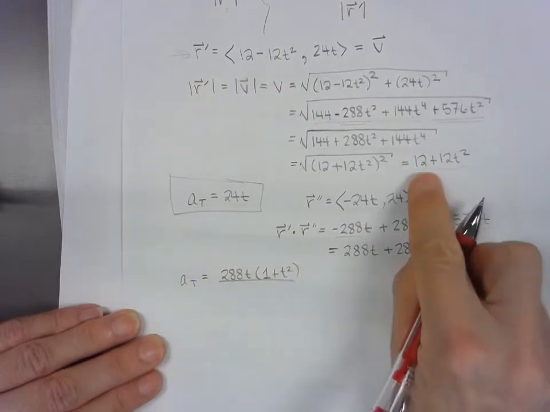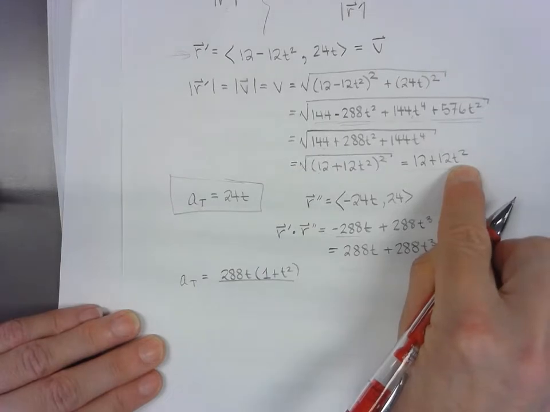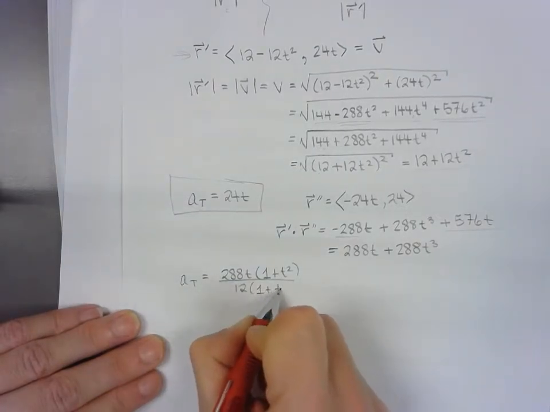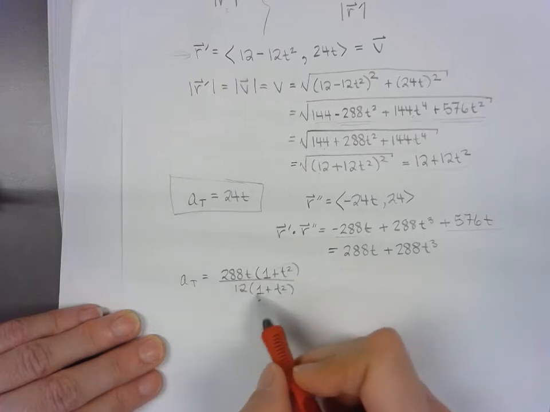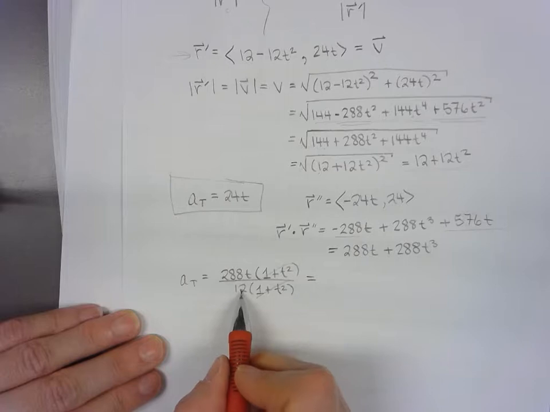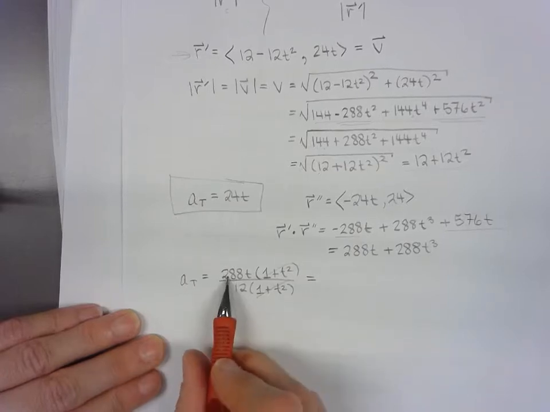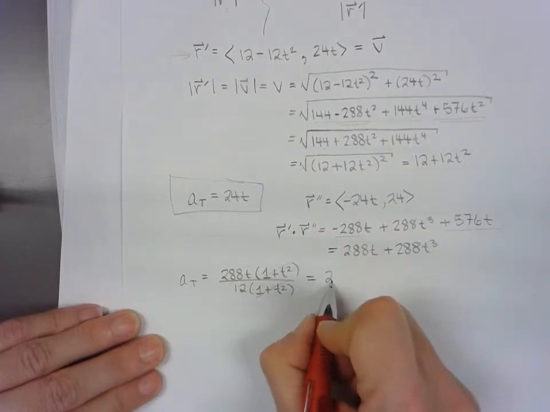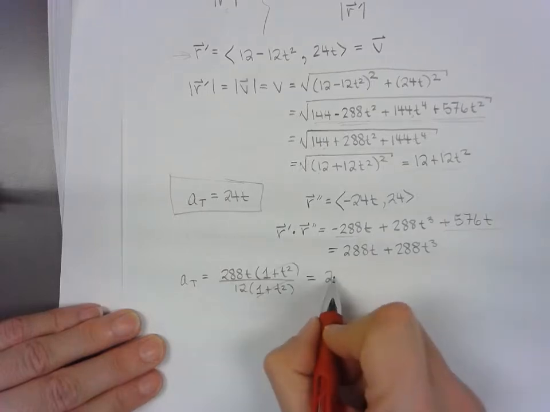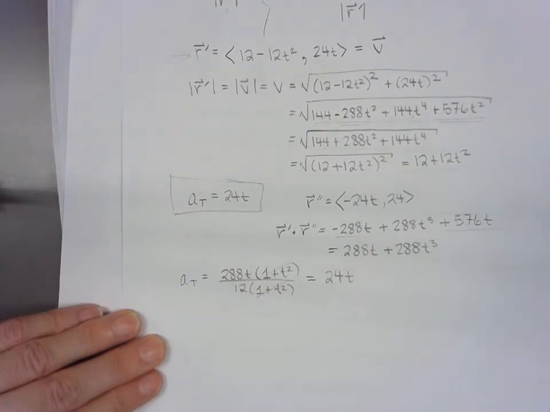Divide by this, so I'll factor out a 12 and be left with 1 plus t squared. So the 1 plus t squareds cancel. 12 into 288, well 12 goes into 28 2 times with a 4 left over. 12 goes into 48 4 times with nothing left over. And then the t, right?